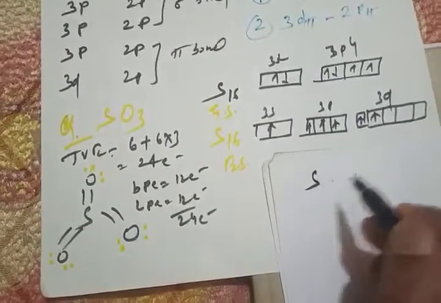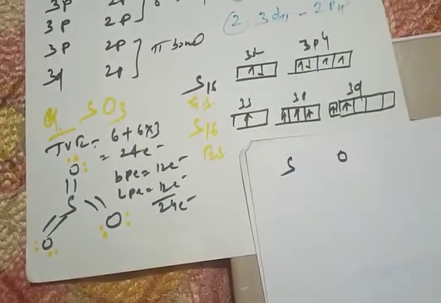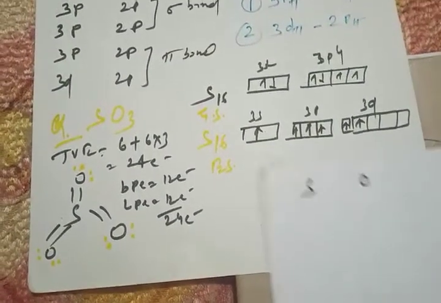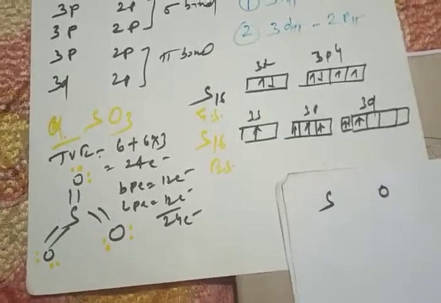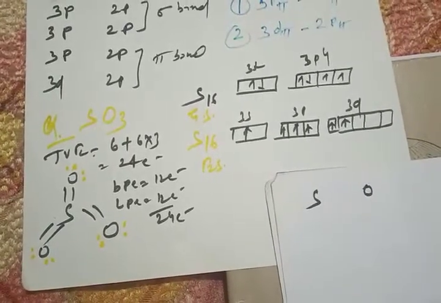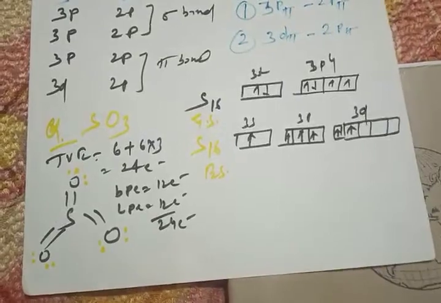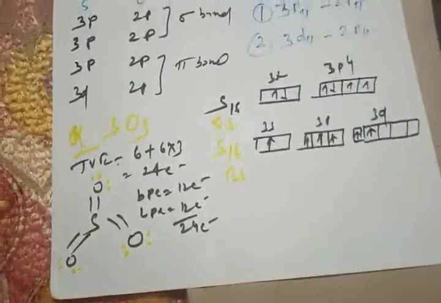So let's talk about this. S and O, 3 oxygen atoms are there, so we will draw the electronic configuration of oxygen here also.